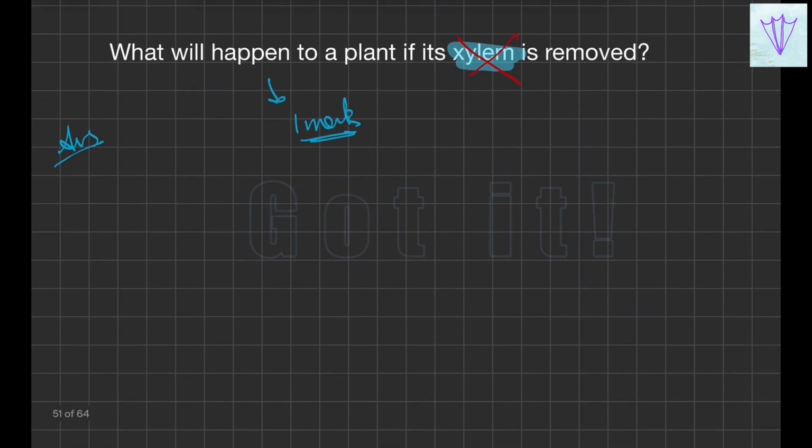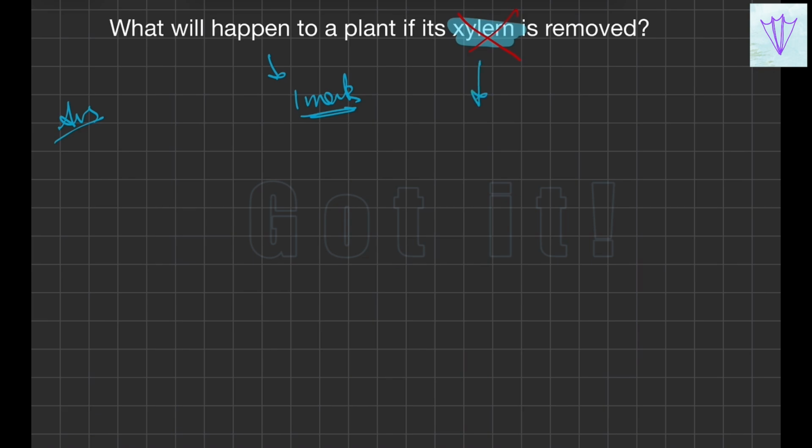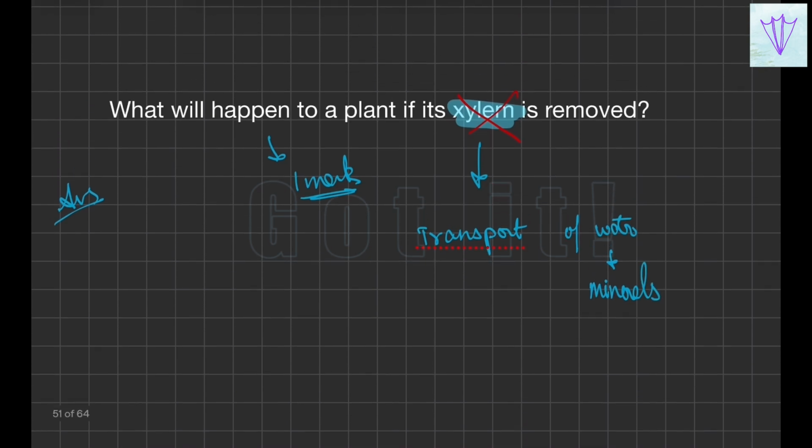First of all, what is the function of xylem? It is used in the transport of water and minerals. So when you remove the xylem, this particular function will not be happening.